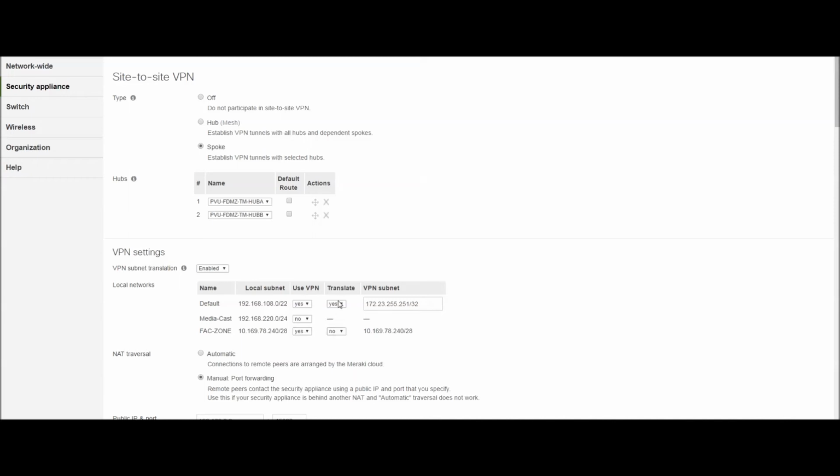Are we going to translate that? For VPN subnet translation, yes, we're translating this 192.168 RFC 1918 space to a routable IP address for specific services, and we'll cover this in a different video. But the facility zone here is actually a 10 dot routable space. We don't want to translate it, but we want it to be usable over the VPN tunnel so it's reachable.